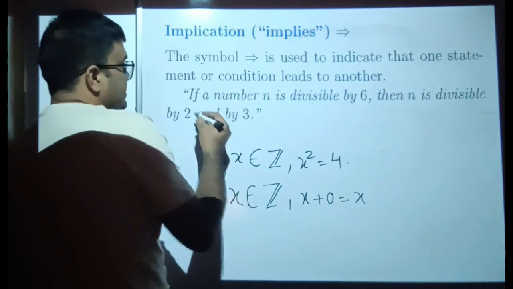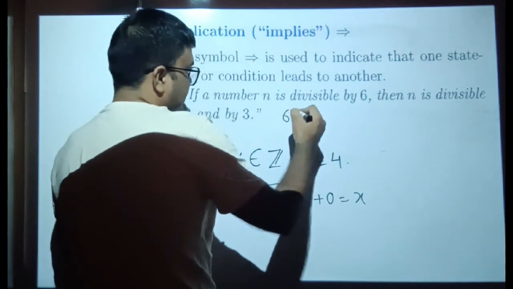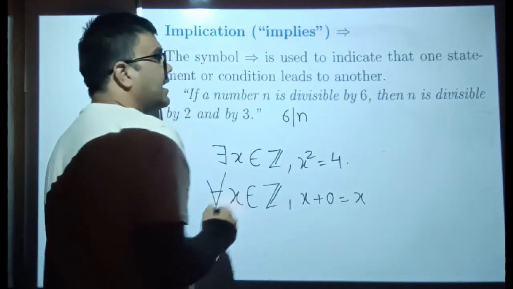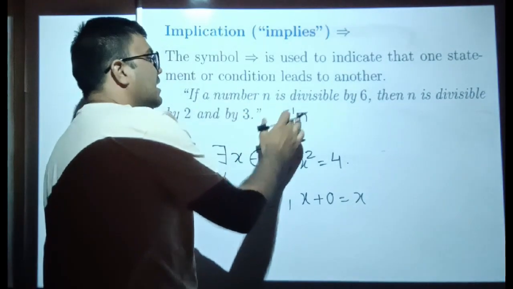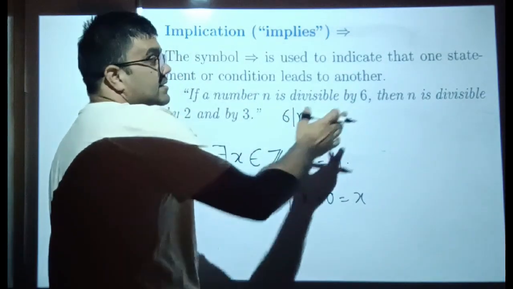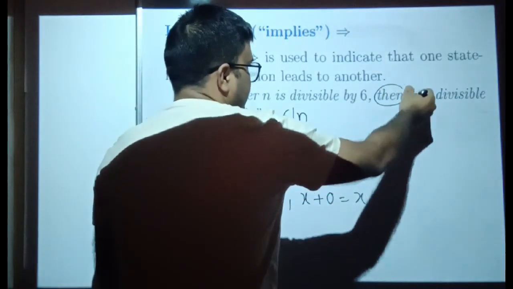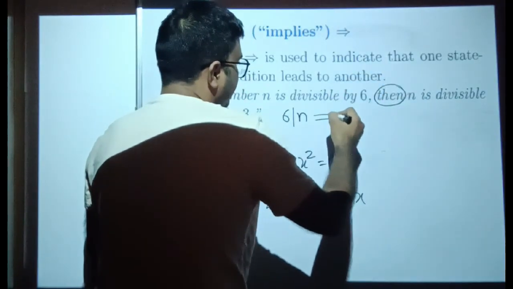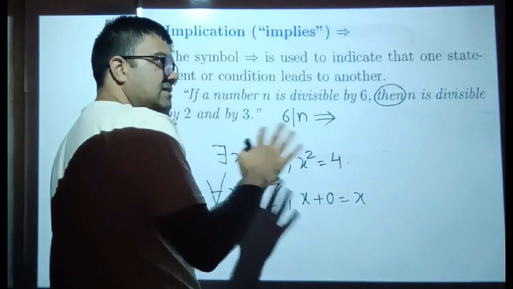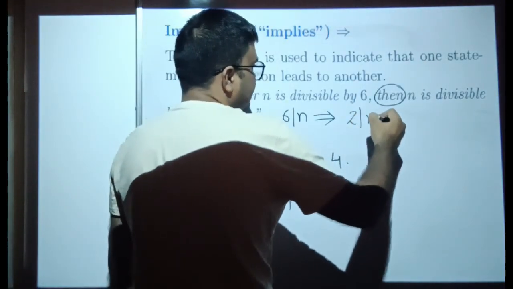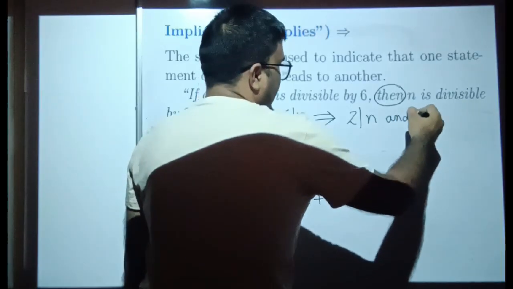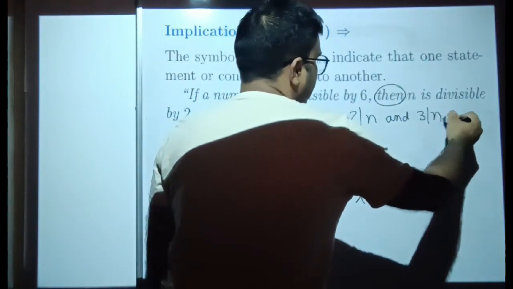How can we write this? We say 6 divides n. If a number n is there and 6 divides n, then we have this symbol over here, this then. This implies that 2 divides n and 3 divides n.